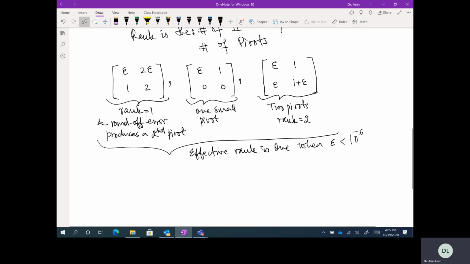So why is that? Because we can use A transpose A or A A transpose.